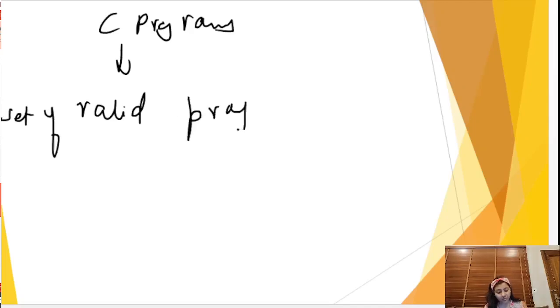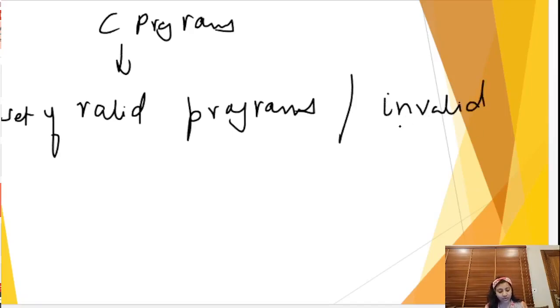And there can be some invalid programs as well, which will obviously not compile when we present them to the compiler. So what are valid programs, and given any program, how will we decide whether it is valid or not?